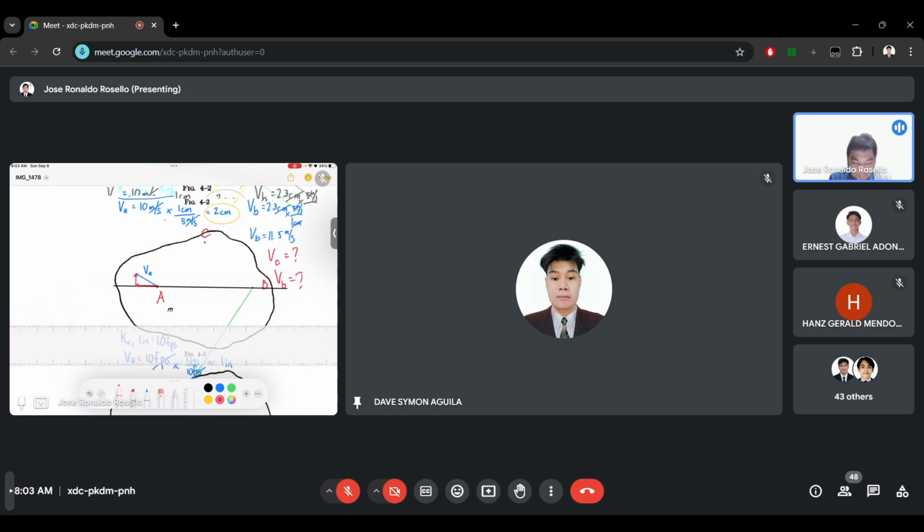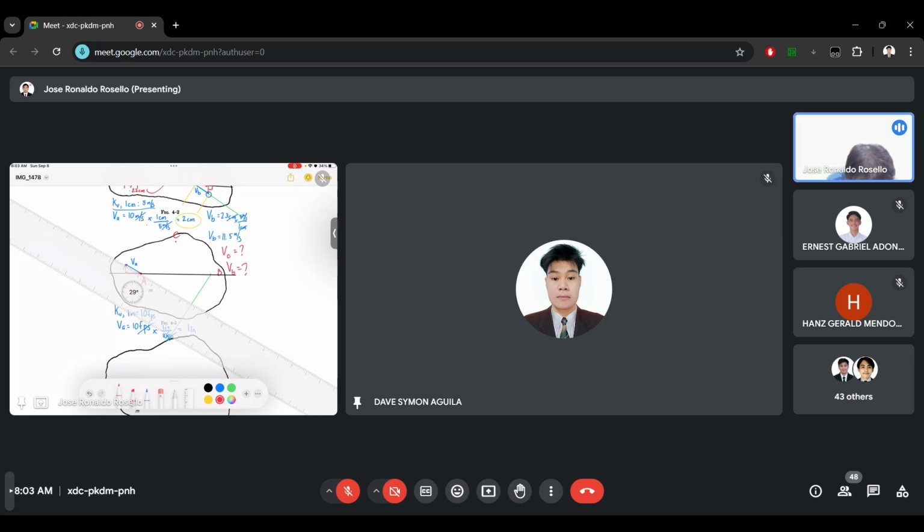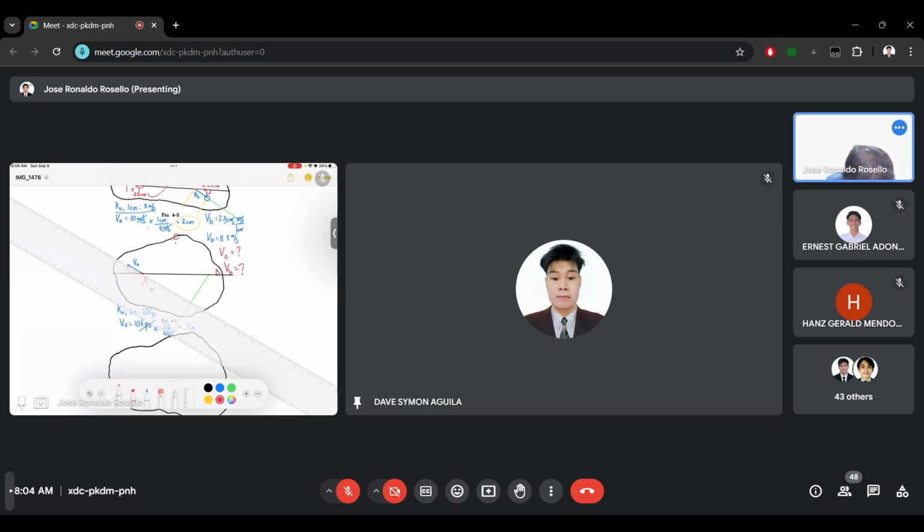Then we have to measure if we have the vector A at 1 inch. I'm just trying to find the 1 inch. Alright. We will have to measure the vector below. So it's 0.9 inch.